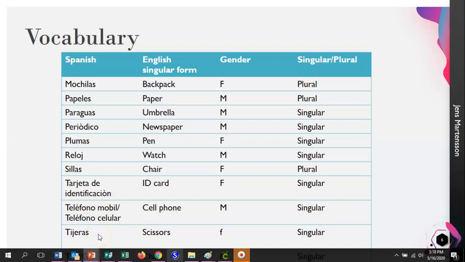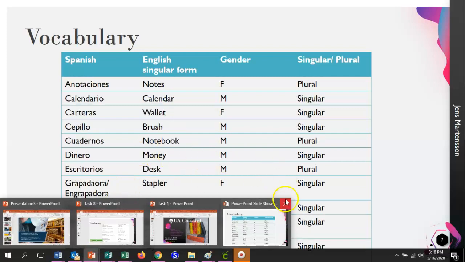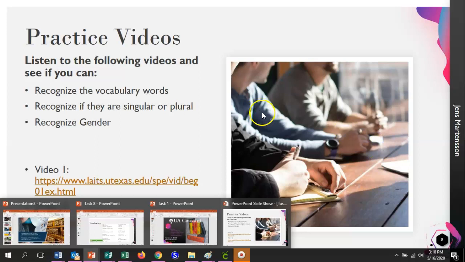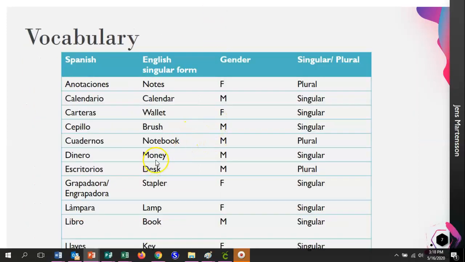Tijeras. Tijeras is actually scissors, feminine, singular. That's one of those things where even though it ends in S, it is singular. We also have the word tiza. This is the word that we normally use here in this part of the area. Oh, I think I went back. Here we go.